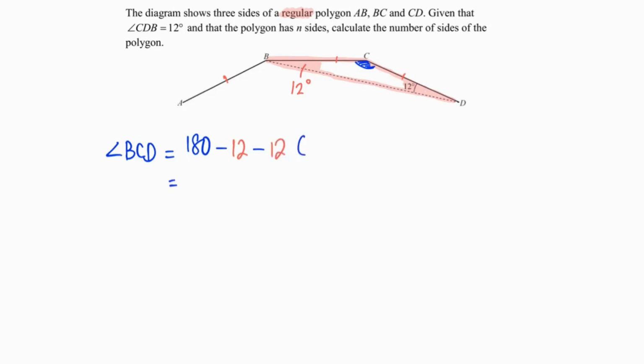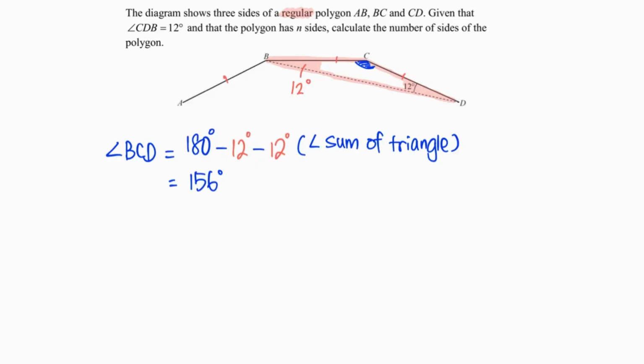This will be the angle sum of a triangle, and this will give me a value of 156 degrees. And this happens to be the interior angle of this polygon.